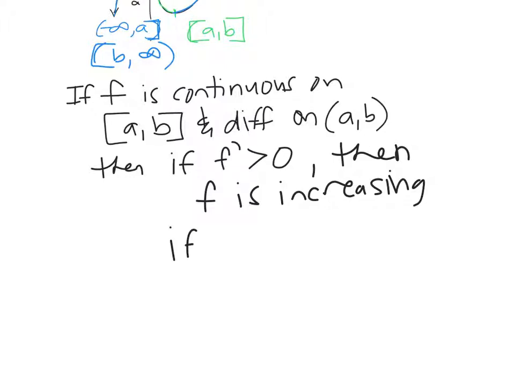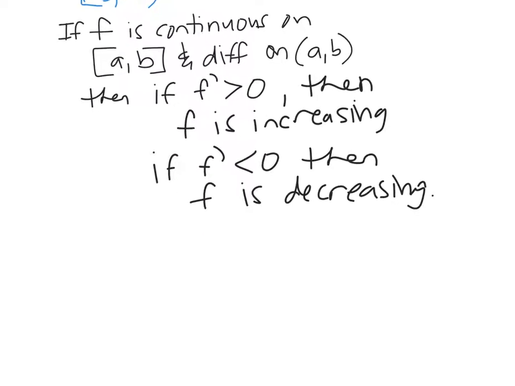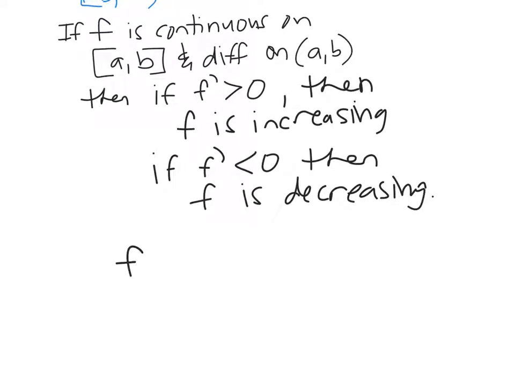And if f prime is negative, then f is decreasing. Okay? And we know that if f prime is equal to 0, then we have a critical point. Not necessarily a max or min, but a critical point.